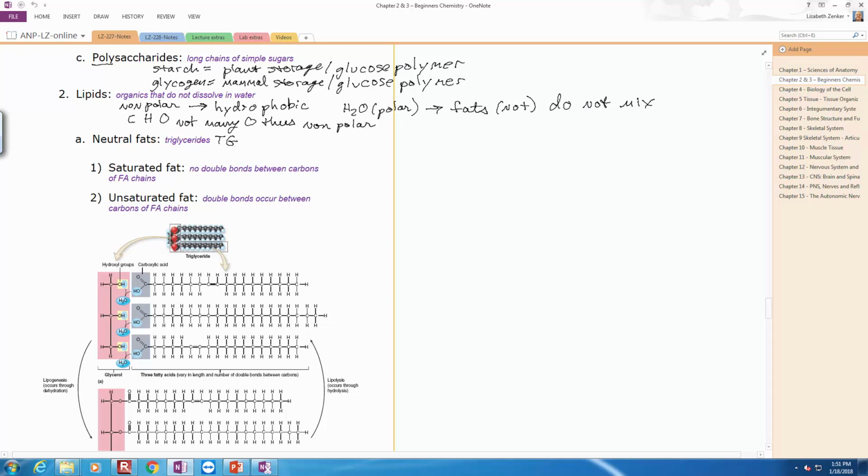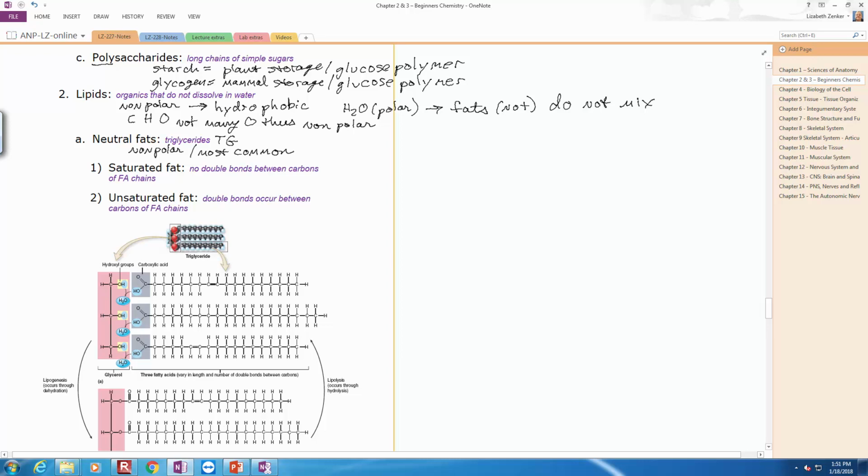So triglyceride is a monomer. This is also the most common fat found in our bodies because it's our storage form. So triglycerides are the most common fat found in us. It's very nonpolar and most common in us.